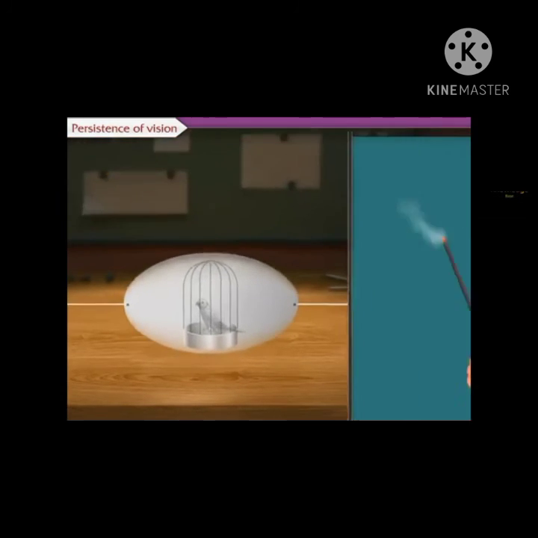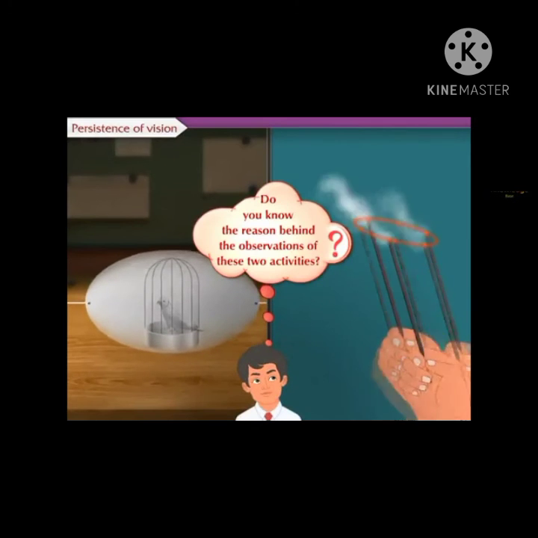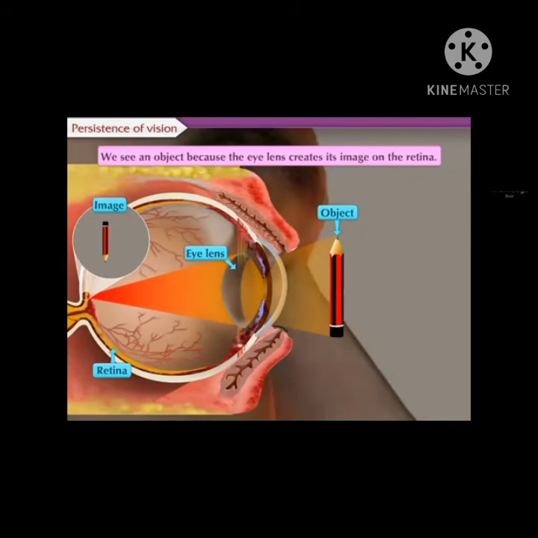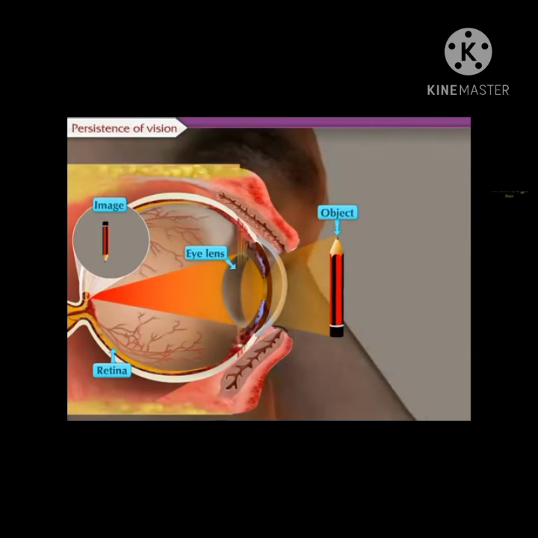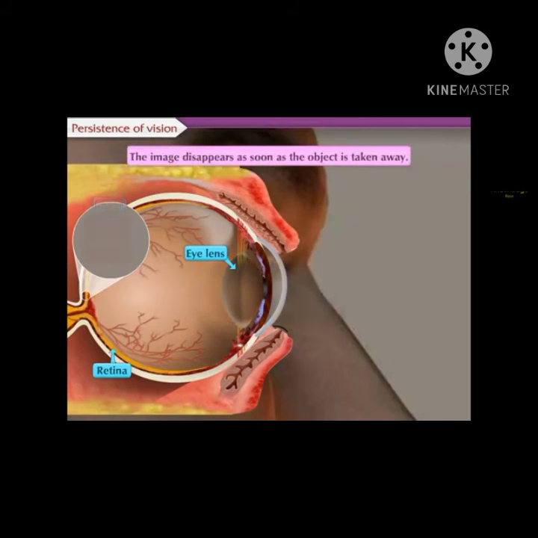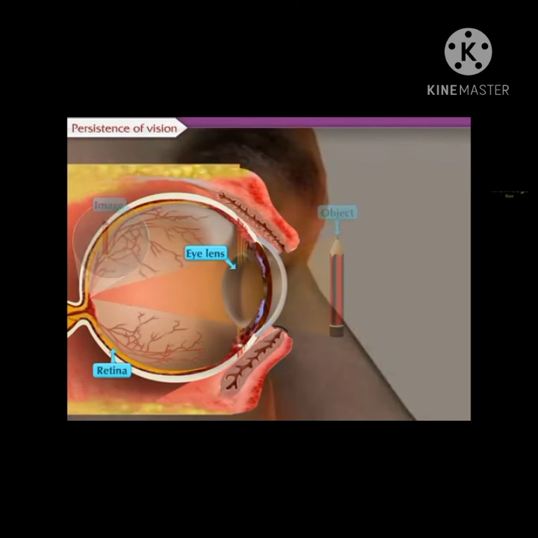Do you know the reason behind the observations in these two activities? Come, let us know about it. We see an object because the eye lens creates its image on the retina. The image is on the retina as long as the object is in front of us. The image disappears as soon as the object is taken away.